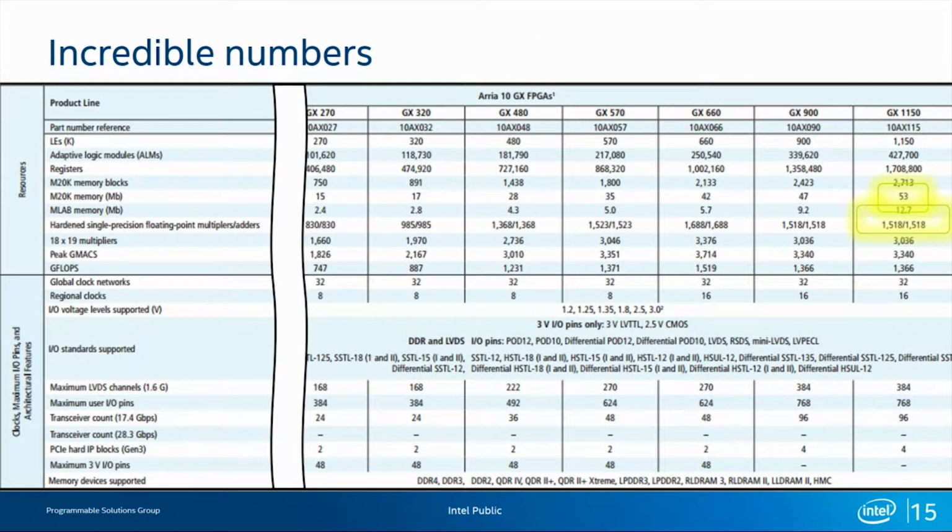And the numbers that are associated with the building blocks that I've shown you, I just wanted to highlight a few of those here. This is the largest Arria 10 FPGA family member, and in the largest family, we have 1500 DSP blocks. That means we have single precision multiplies and adds in parallel. There are 1500 of them that can run up to 400, 500 megahertz clock speed. In most cases, system clocks by the customers are kept around 300 or 400 megahertz, or maybe even less.